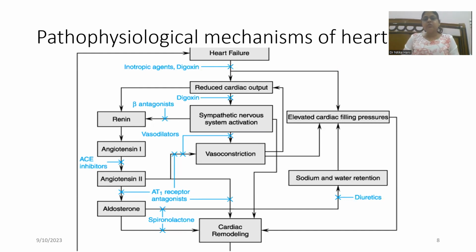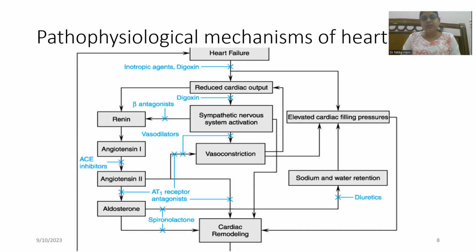And this vasoconstriction of the arteries and veins can lead to elevated cardiac filling pressure. So the drugs again, which act at these levels: at the reduced cardiac output, the drugs acting are inotropics and digoxin. Beta antagonists act at the sympathetic nervous system level. ACE inhibitors act at the level of angiotensin 1 conversion to angiotensin 2.